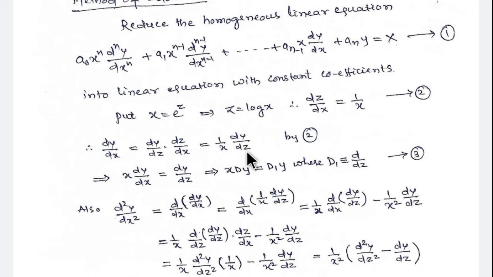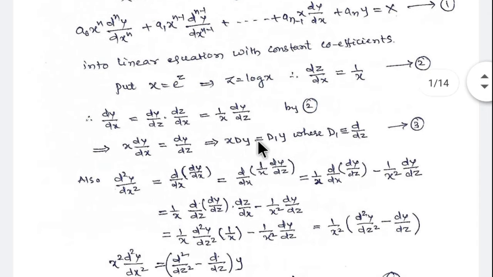So we differentiate: dy by dx is dy by dz, and z is a function of x, so by the chain rule dy by dx can be written as dy by dz into dz by dx. You know that dz by dx is 1 by x, from equation 2, so you write 1 by x into dy by dz.